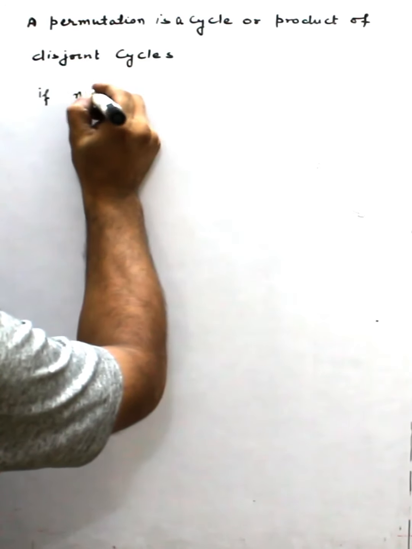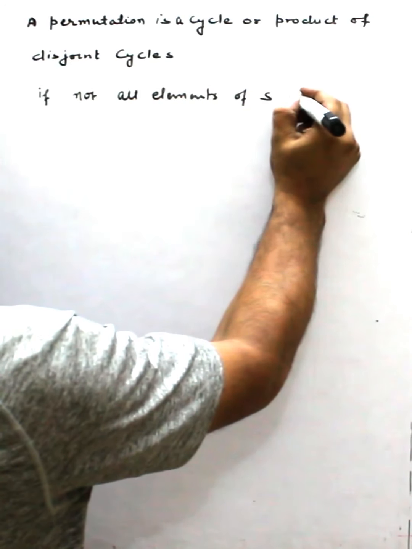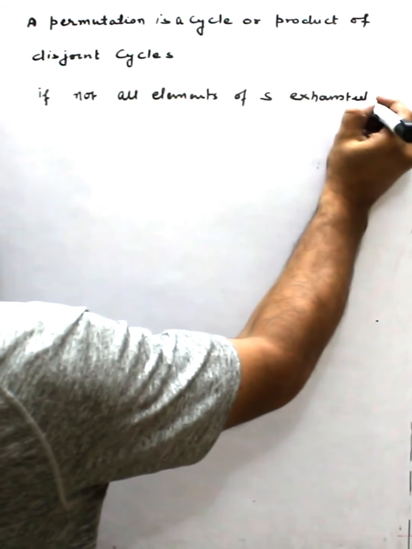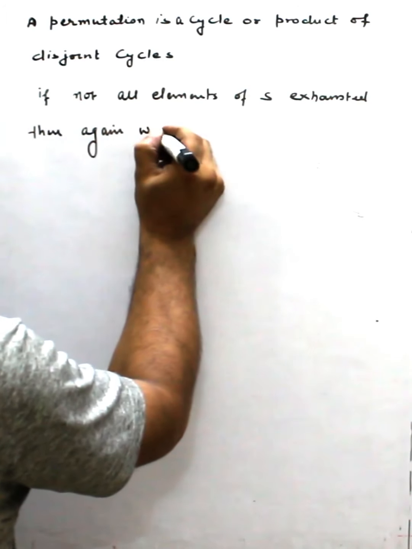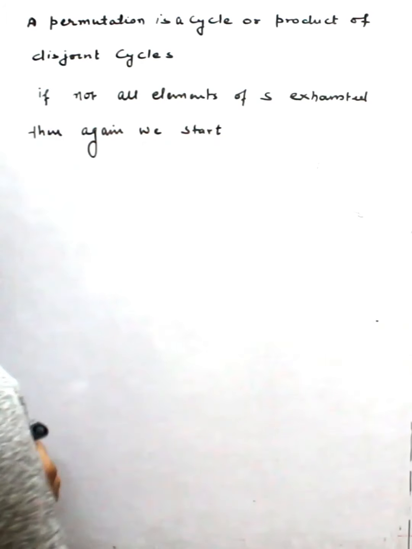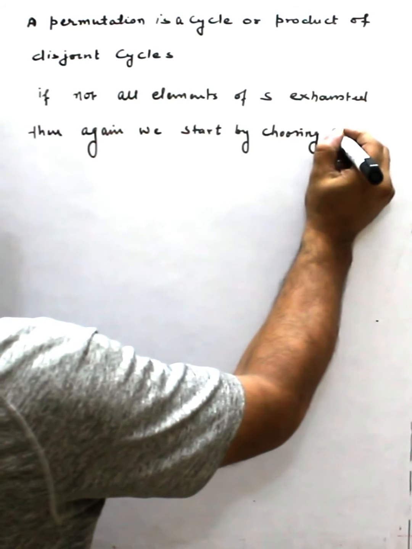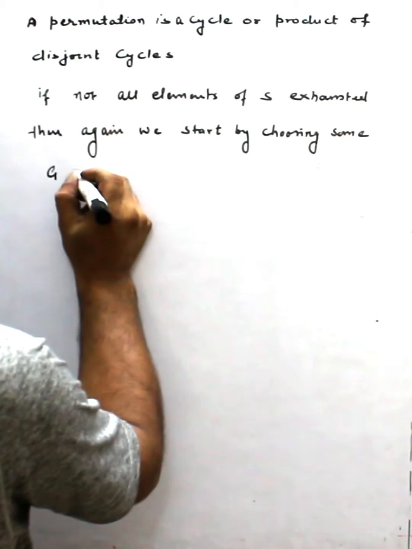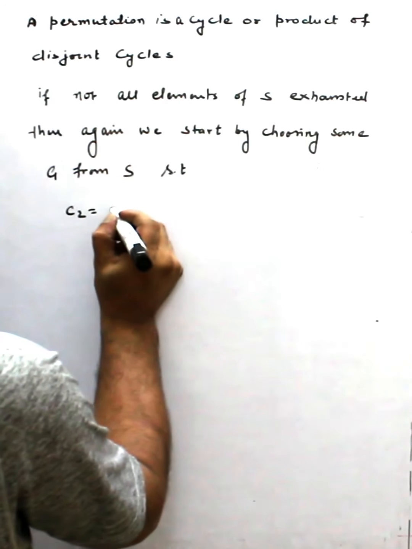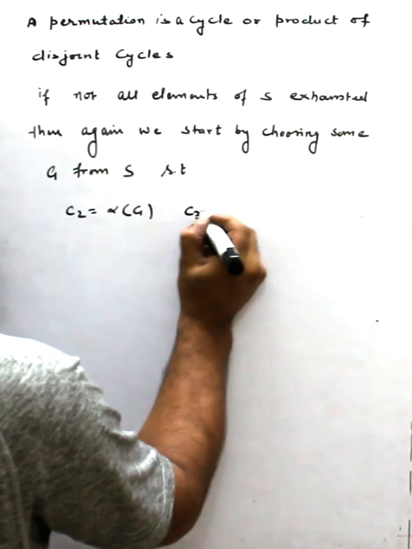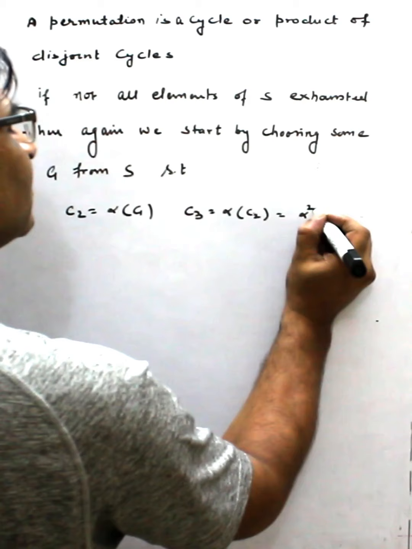Otherwise, if the elements are not exhausted, then we start again by selecting some C1 from S such that C2 is equal to alpha C1, C3 is equal to alpha C2, and that is equal to alpha square C1.